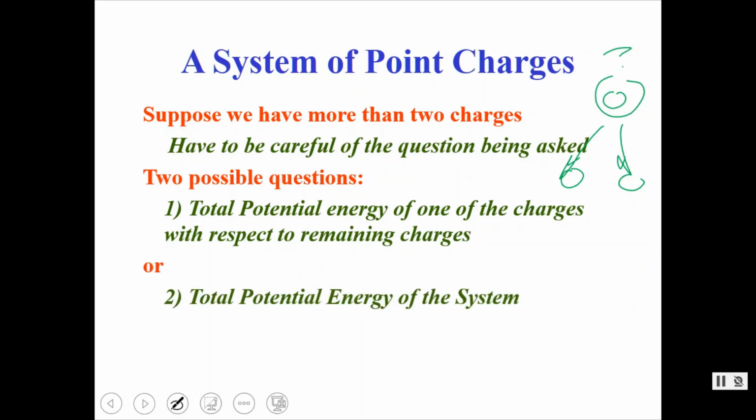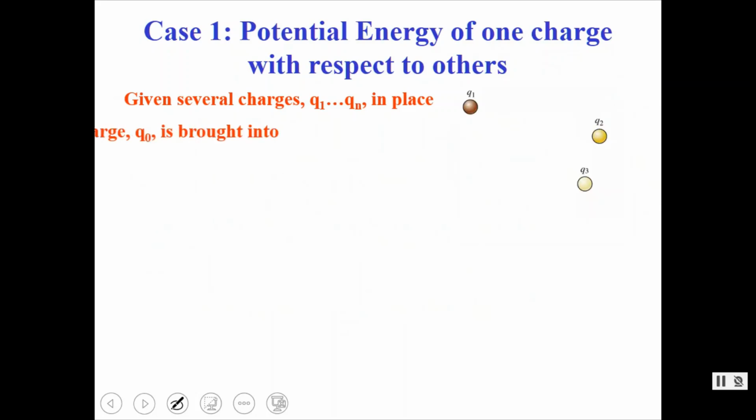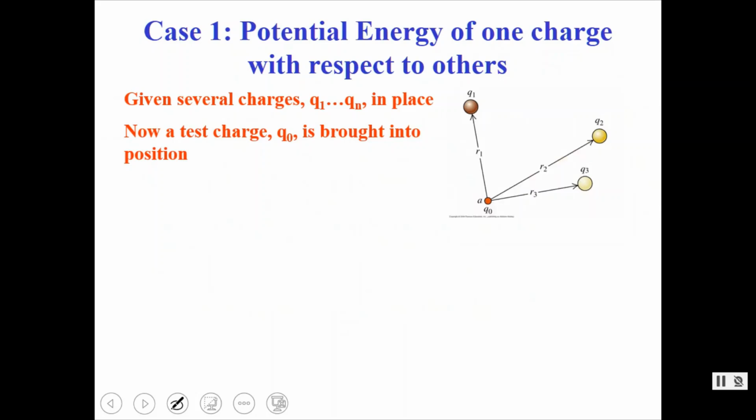The more difficult question is this one: what is the total potential energy of the system? The reason that's more difficult is because you have to consider how the system was created in order to determine the potential energy. So here's case 1. If you had a bunch of different charges, say Q1, Q2, and Q3, we would bring a test charge into place and ask, what is the potential energy of that test charge due to those 3 other particles?